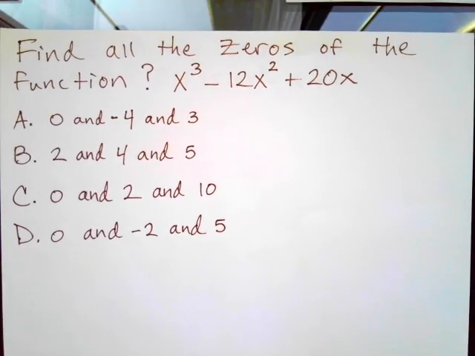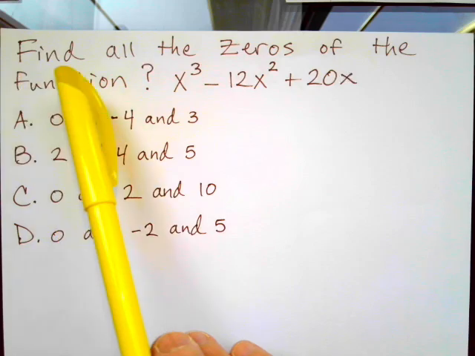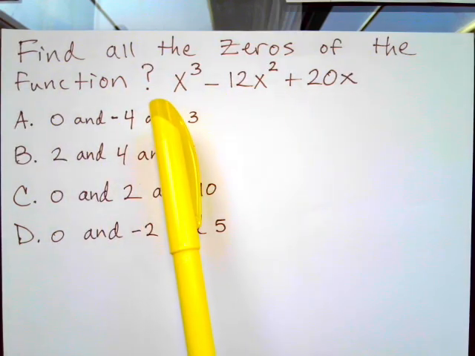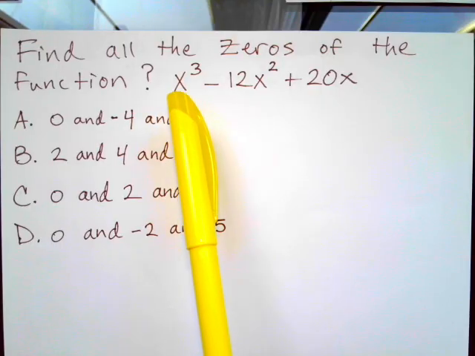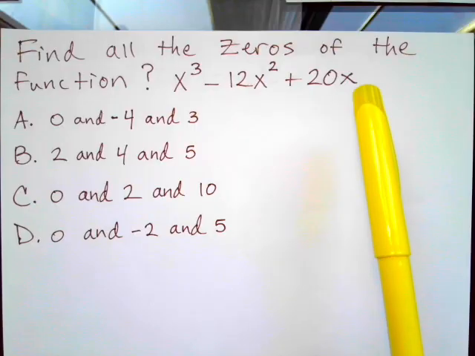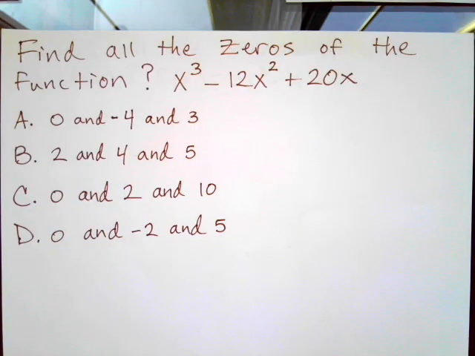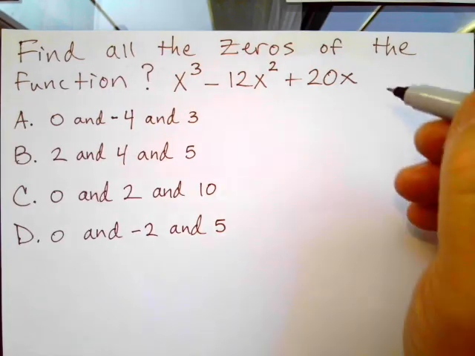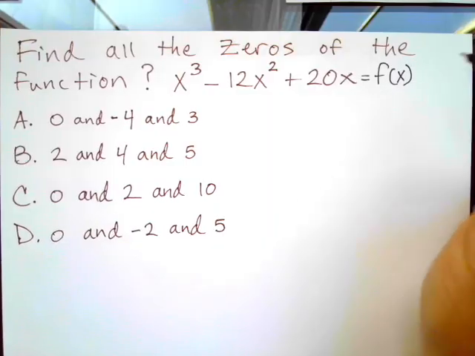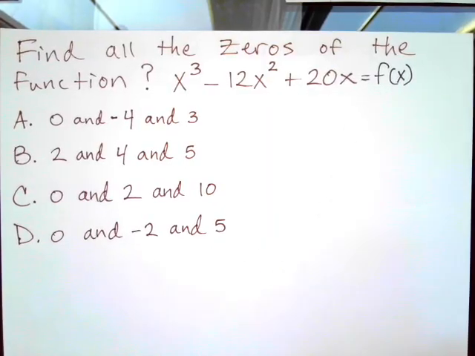All right, here's a third question. Find all the zeros of the function expression x cubed minus 12x squared plus 20x. So technically, we're going to set this equal. If it's a function, you need to have it equal to the function of x in this case.